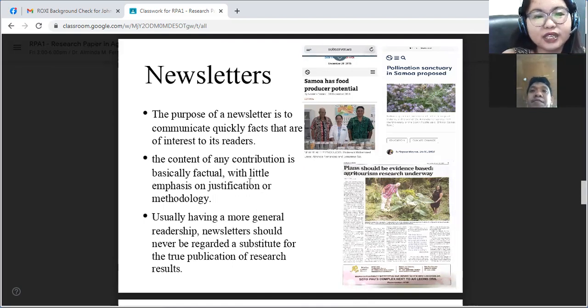Hopefully our college will have a newsletter, but that's still something to be materialized in the near future. You know the news, like our Inquirer, for example. Yes, ma'am. Agriculture is also a magazine, no? No, it's really a magazine.